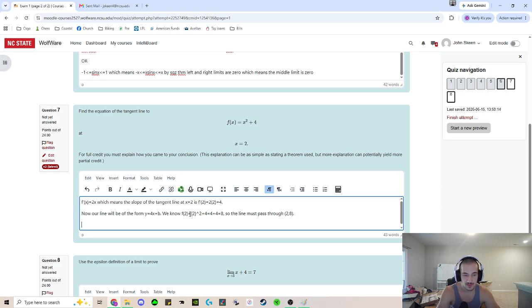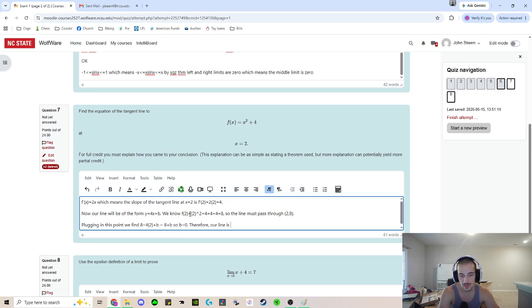So plugging in this point, we find y equals 4x plus b, which is 8 plus b, so b is 0.